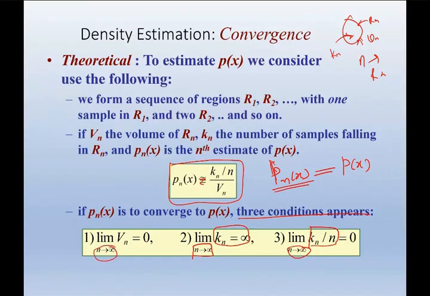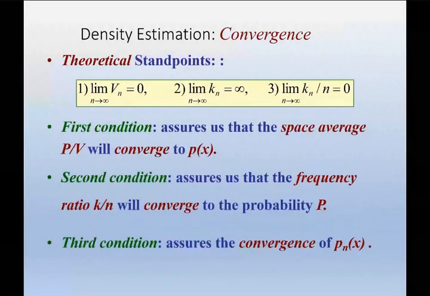So there are some contradictory conditions appearing in this situation. The meaning of this is that the first condition assures us that the space average P by V will converge to P of x. So this is the required condition when you want the estimation equal to the real density.